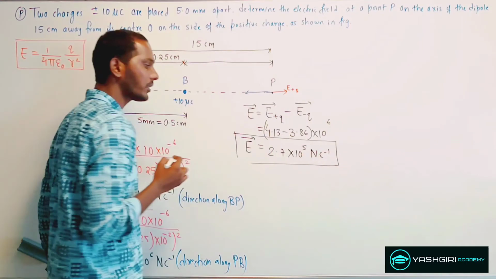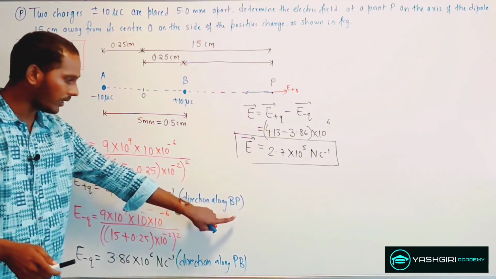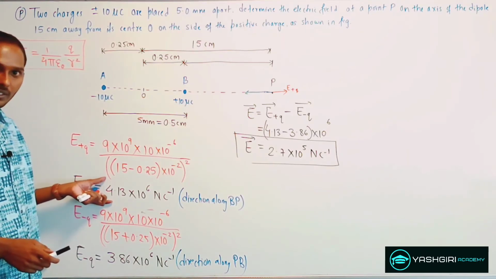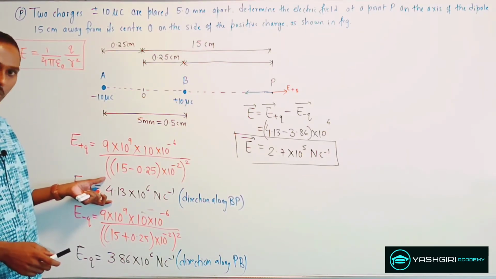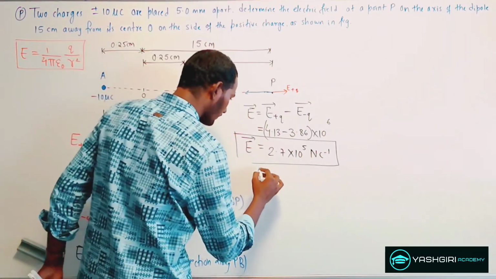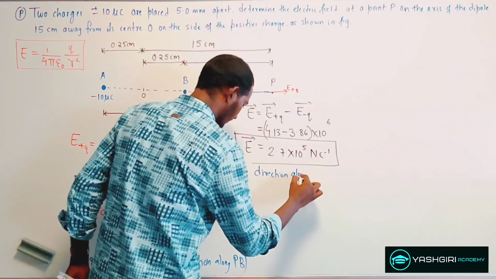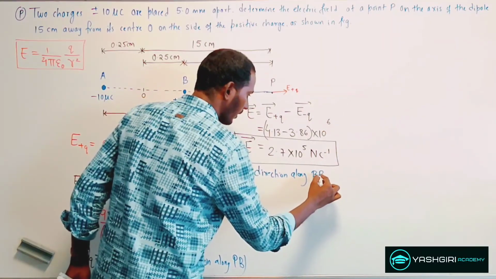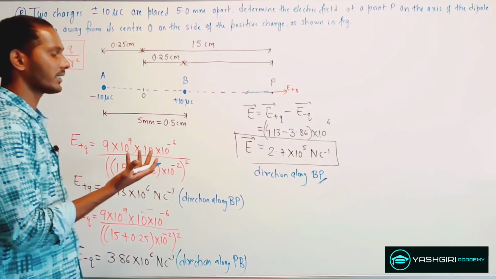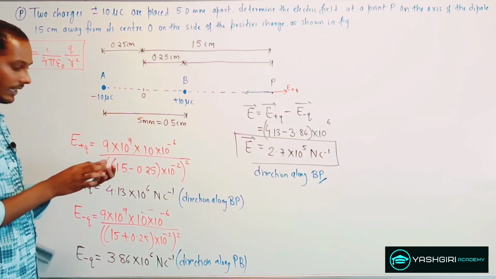And the direction you will be getting will be along BP, because the value of the magnitude due to the positive charge is maximum. So the net direction is along BP. And it is also satisfying, because from the negative to the positive charge we have the dipole moment.